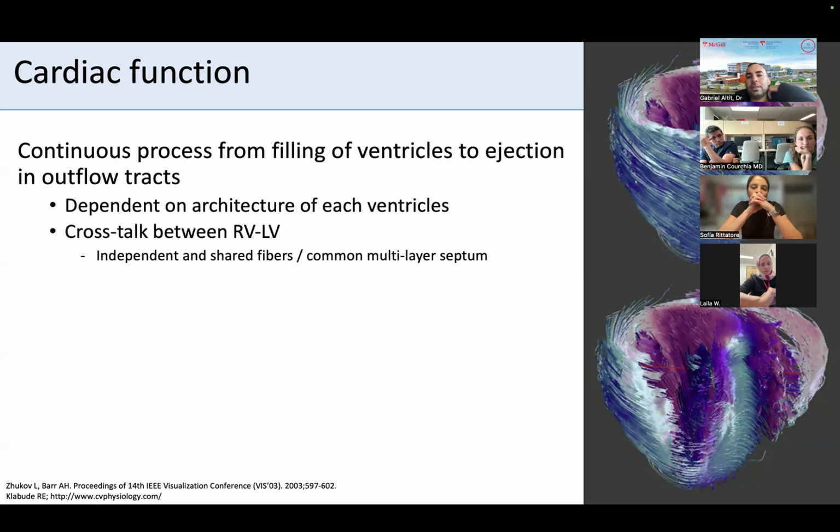Number two, it does depend on the crosstalk between the right and the left ventricle. As you can see, they have shared muscle layers like the septum, and they have shared layers also between the two ventricles. So when the RV starts struggling for various reasons, let's say significant pulmonary hypertension or RVOT obstruction or pulmonary emboli, first of all, you're going to send less blood flow to your pulmonary vasculature.